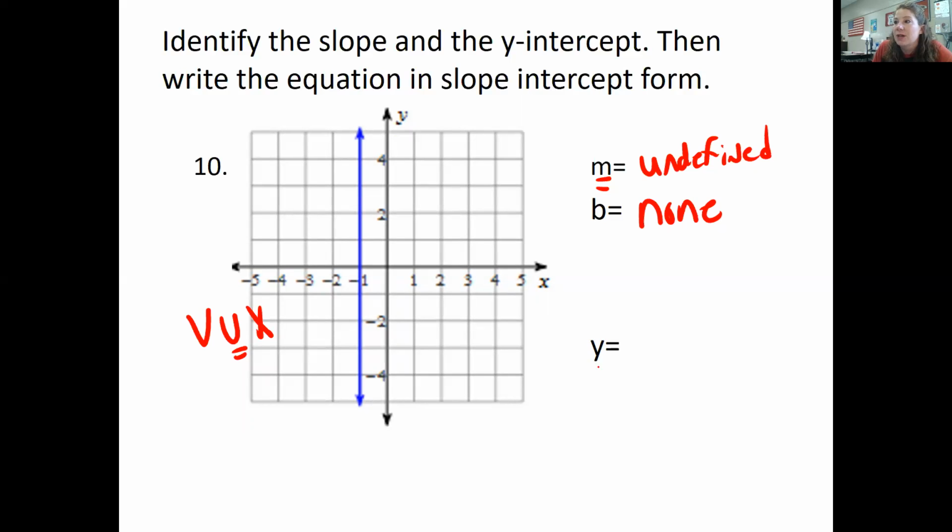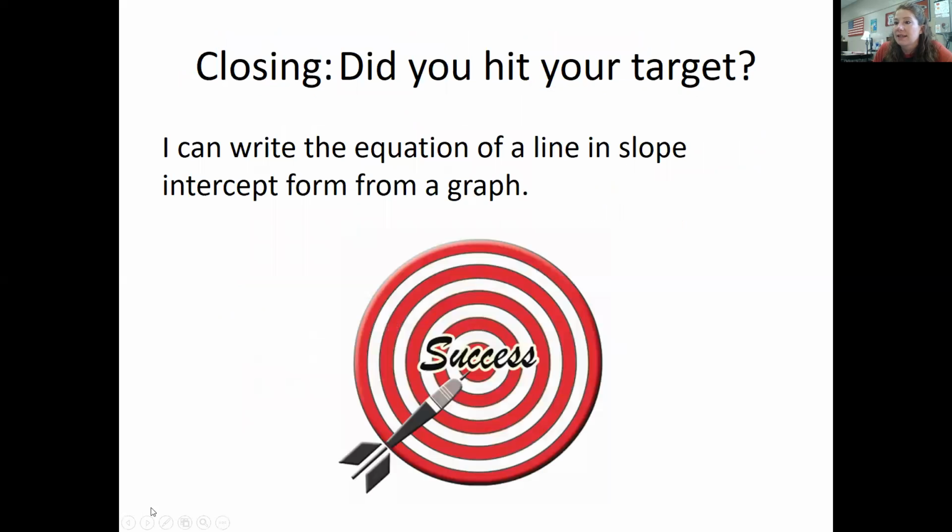And so what is the equation of the line? Uh-oh, this is incorrect because I'm not going to have a y equals for vertical lines, am I? I'm going to have an x equals. X equals what? Well, what is the x value? The whole line has an x value of -1. That is the equation. X equals -1. All right, that's it.